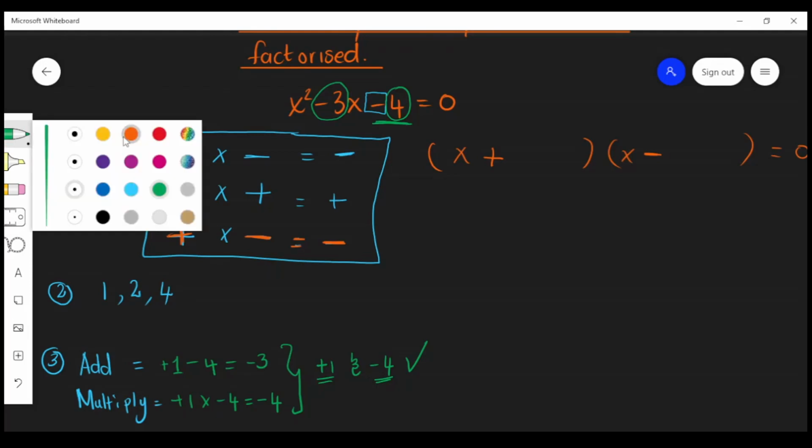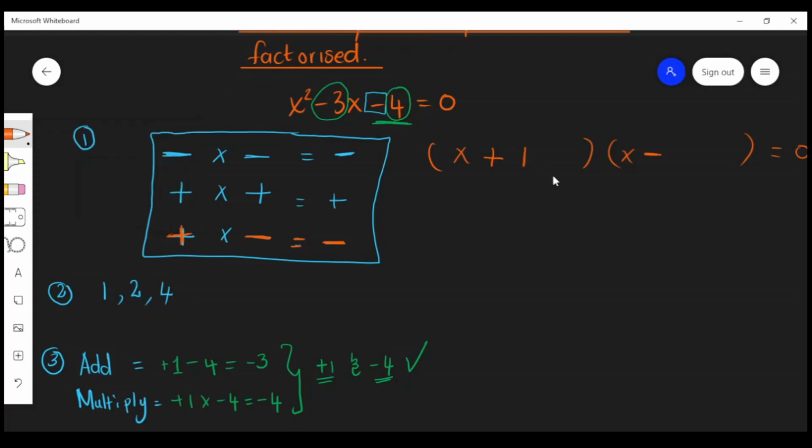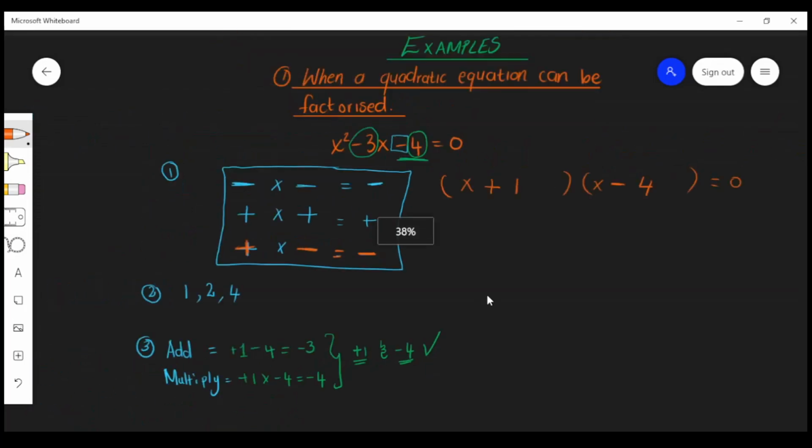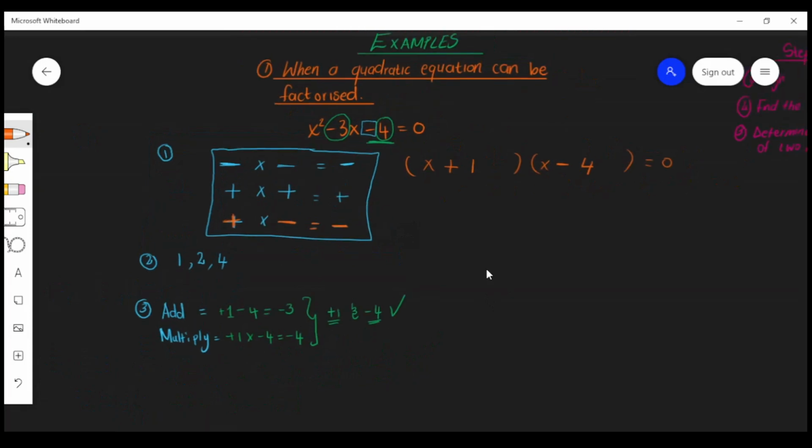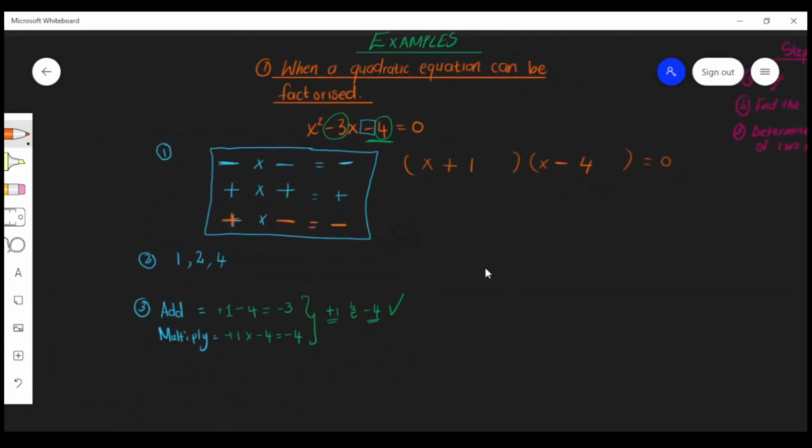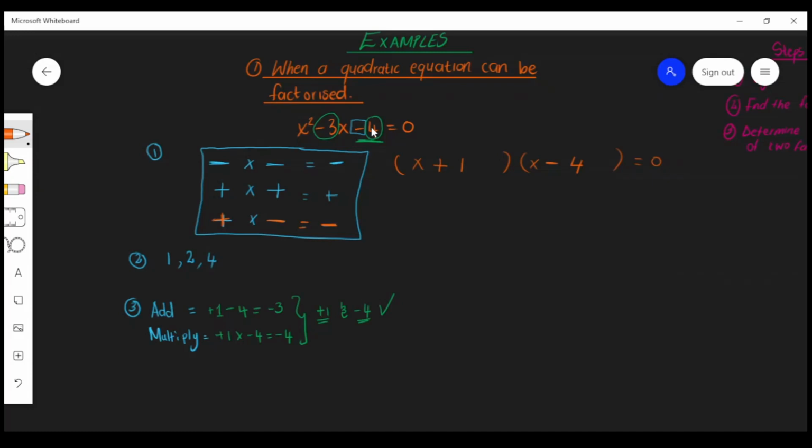We got the sign, so it's just the positive 1 and the negative 4. Okay, so how do we know that this is correct? How do you know that this answer is in fact the factorized form of the equation?